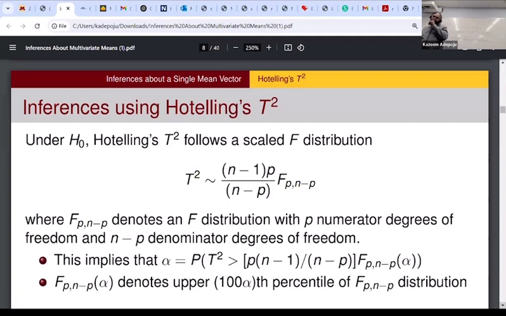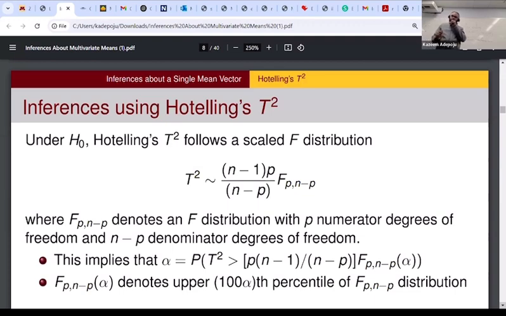Why do I need those distributions? I need them to figure out the p-value, because the p-value is what I'm going to use to take a decision on whether to reject the null hypothesis or not. So if I'm conducting a statistical hypothesis test, I need to understand the distribution of my test statistic.